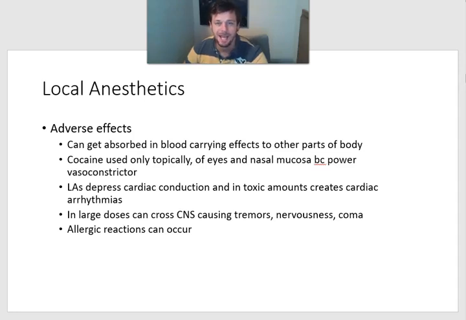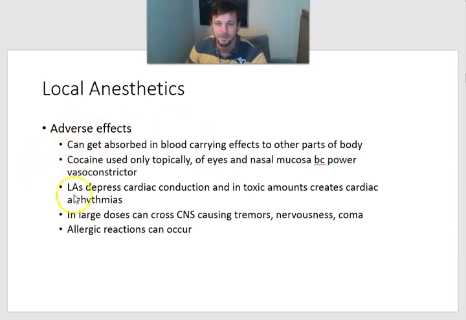There can be adverse effects to local anesthetics, especially if you get a lot of it. It can get carried in the blood and go to different parts of the body and have their effects on those different parts of the body. The numbing, not a huge issue, but the vasodilation could be.